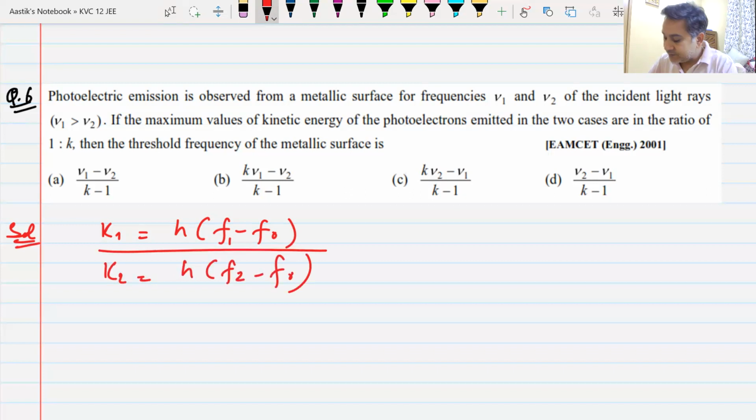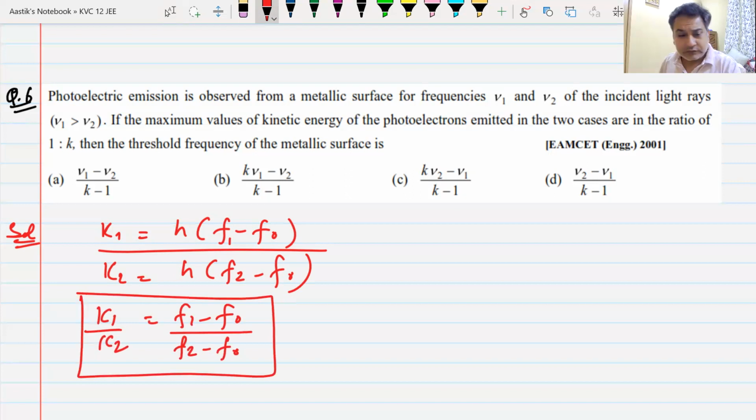You divide it, K1 by K2. These are the type of questions that are going to come, boys and girls. And this K1 by K2 is given as 1 by K. So you can solve it and get your answer and stay happy. You understand this?